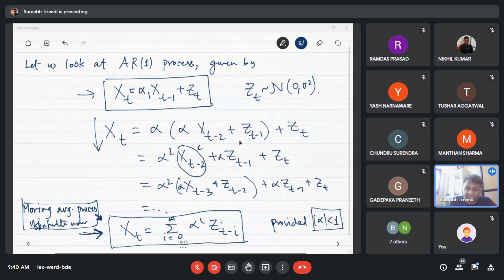And yes, it is actually clear, because how would you write a moving average process of infinite order? It will be xt, which depends on infinitely many independent normal random variables, right? But we can do this when the modulus of alpha is less than 1, is what I'm saying.